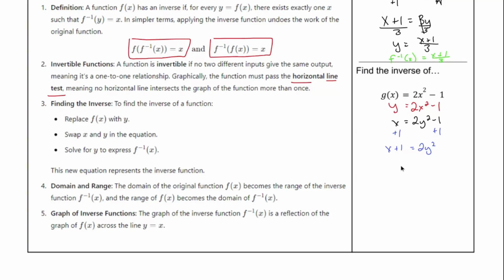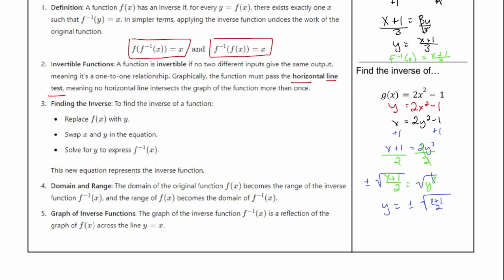Divide everything by 2. So I have x plus 1 over 2 equals y squared. In order to get y all by itself, you're going to square root everything. Don't forget the plus or minus. And so let's flip-flop it around. y equals plus or minus square root of x plus 1 over 2.